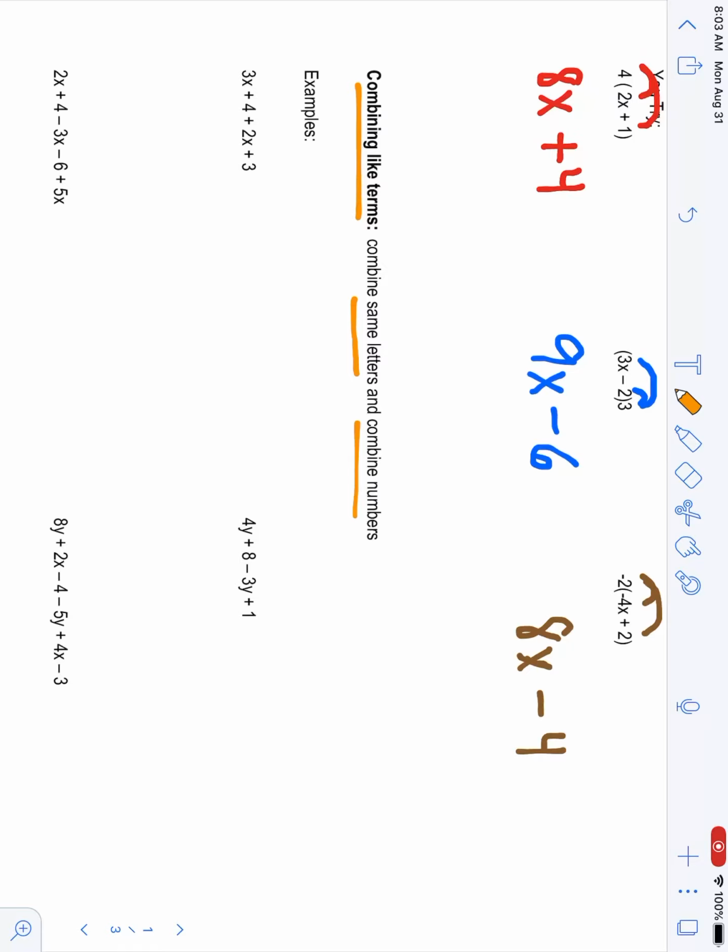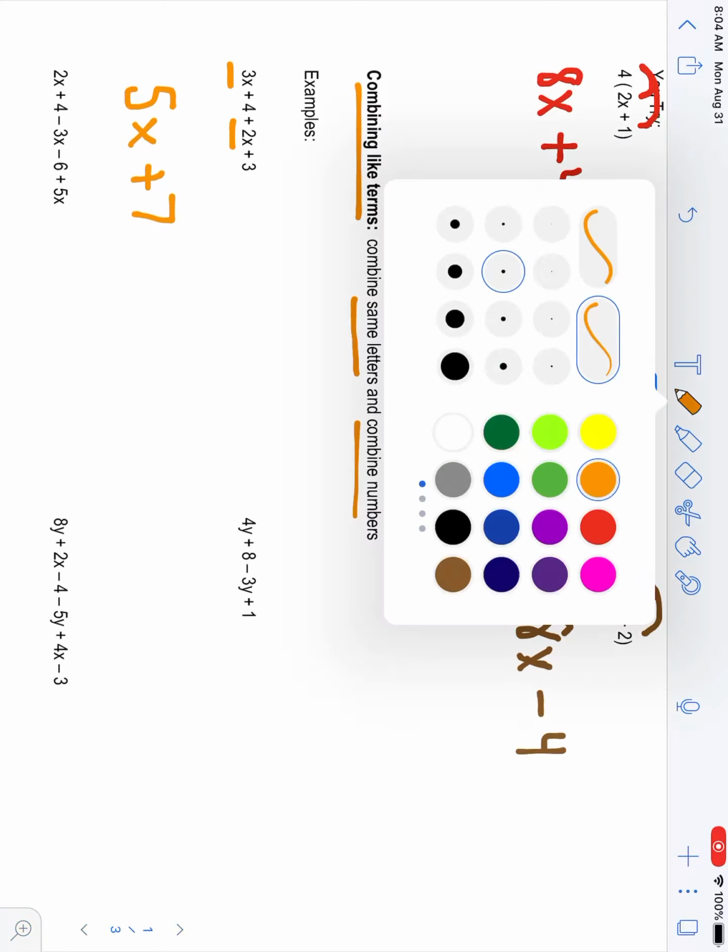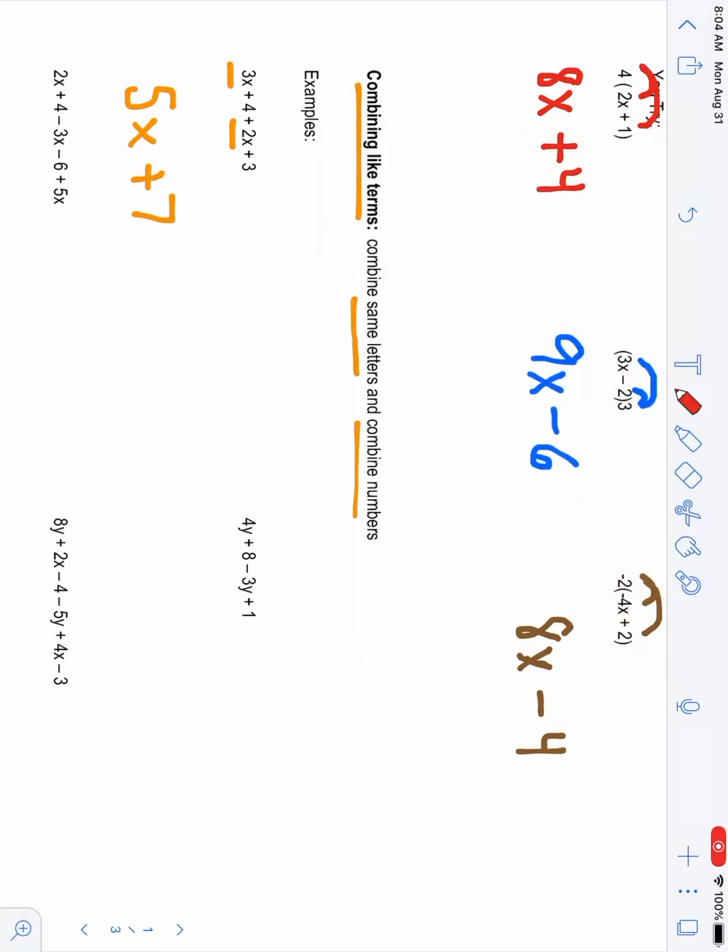All right, let's go ahead and look at a couple examples. I have 3x plus 4 plus 2x plus 3. I notice these two terms have x's. 3x plus 2x gives us 5x. 4 plus 3 is 7. Okay, we've cleaned it up. Can't combine those because some have letters, some don't.